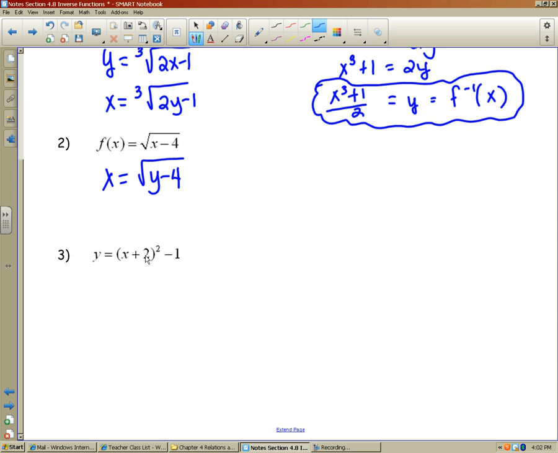Switch your x and y, solve for y. So now we have to square both sides to get rid of the square root. X squared equals y minus 4. So we squared both sides. And then just add 4. Again, use your notation.